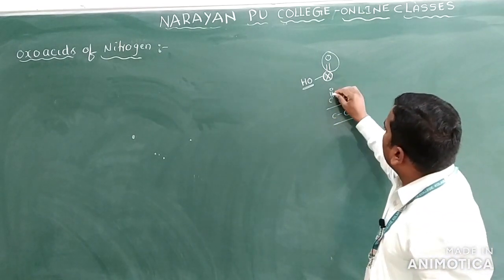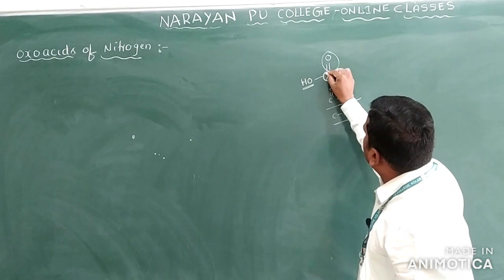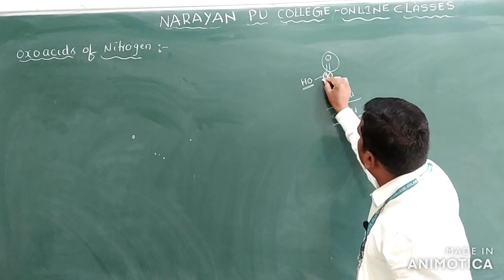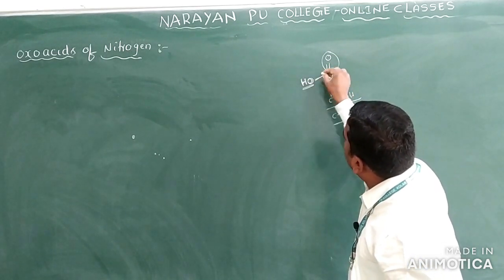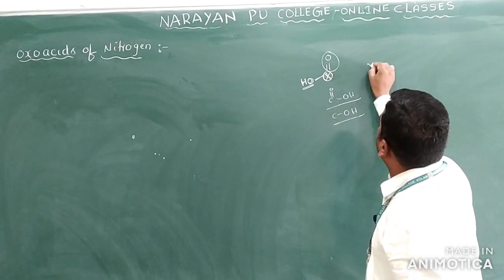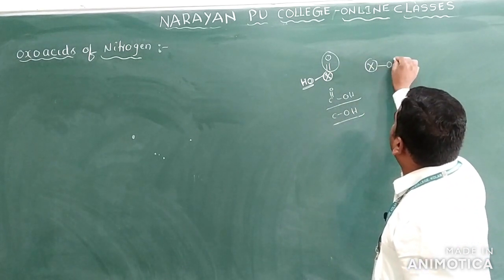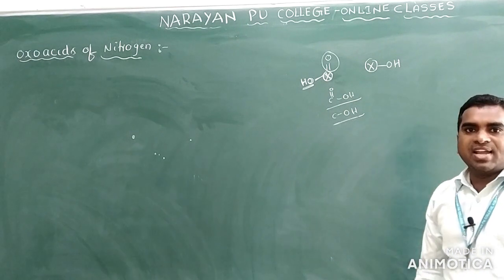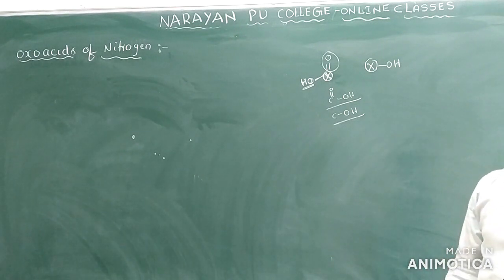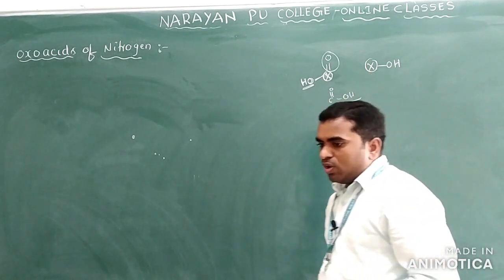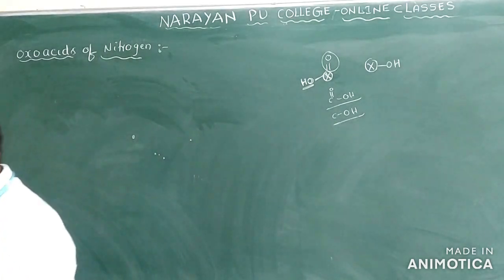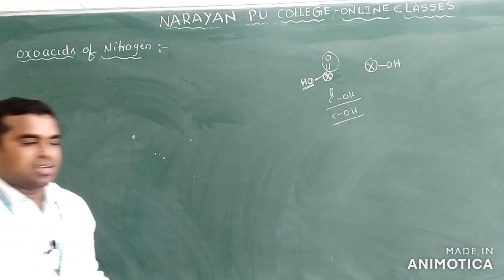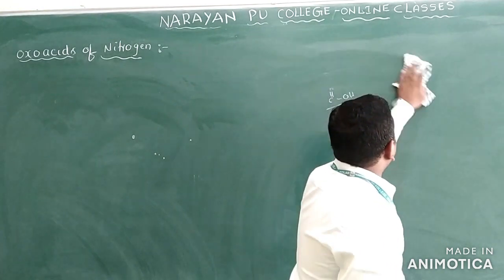Sometimes a double bond O is attached to the central atom along with OH, or sometimes only OH is added to the central atom. Those types of compounds we call oxyacids.